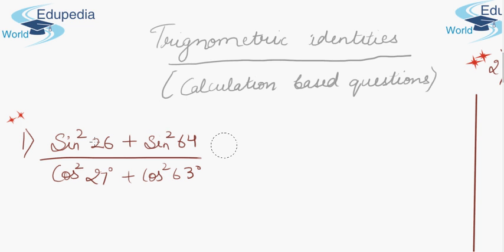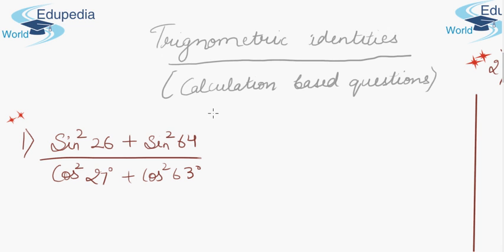That is, on seeing these questions you will say that we have to calculate sine 26 degree its square, and will be adding that square to sine of 64 degree whole square, and will be doing calculations.